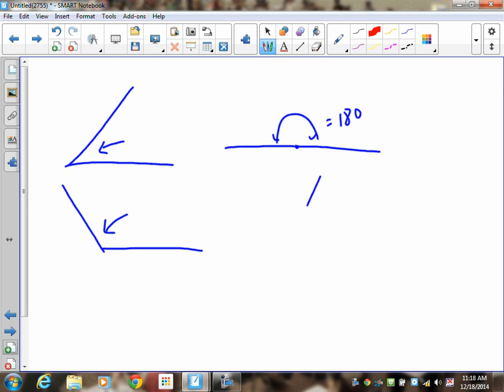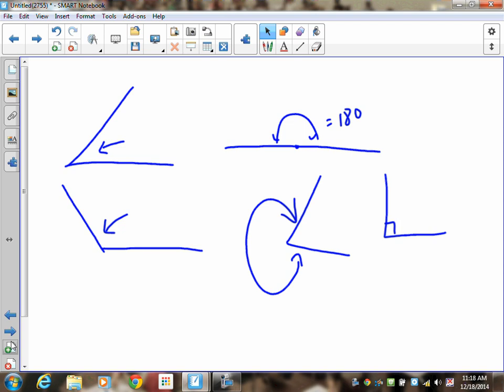The reflex angle is the angle that's on the outside of a normal angle that you draw, like an acute or an obtuse, and this one here is greater than 180, but less than 360. And of course the right angle, the fifth angle, is the one that's equal to 90 exactly. So these are the angles that you should be able to identify and you should have no trouble with.